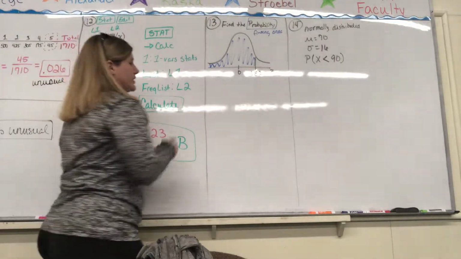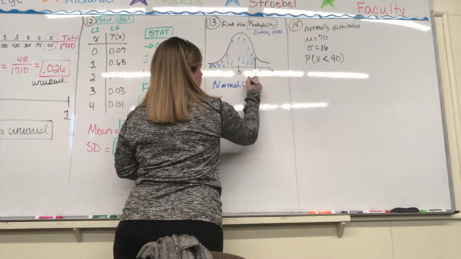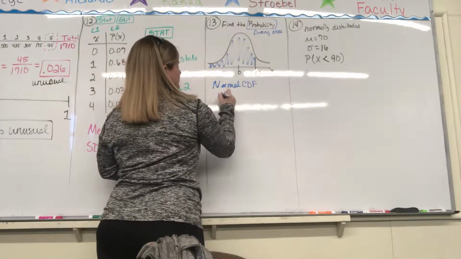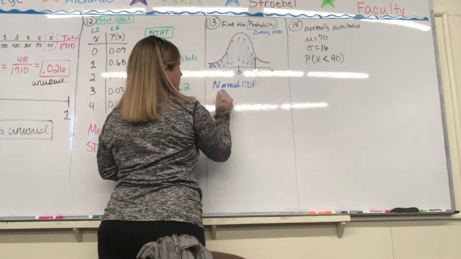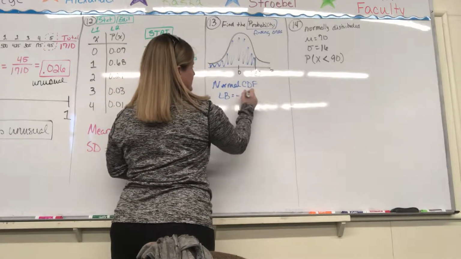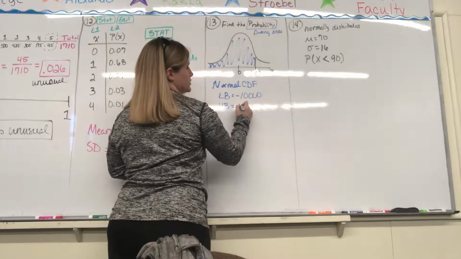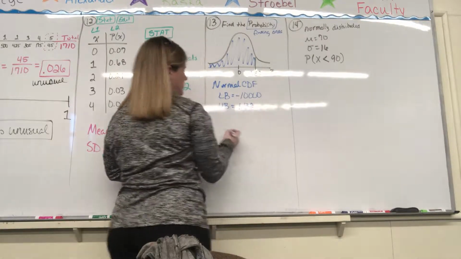Okay, so again, we go to our normal CDF. And we put in our lower bound, which in this case is negative 10,000, and our upper bound, which is 1.82.